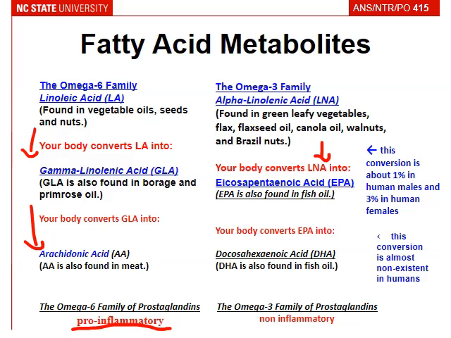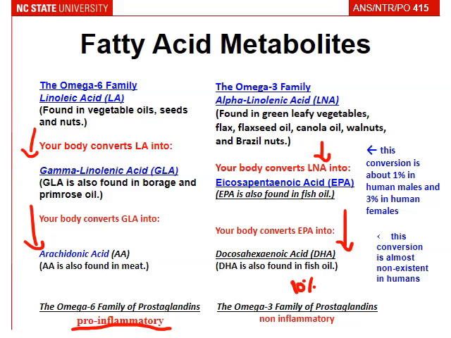And then we have going from our EPA to our DHA, and this conversion is almost non-existent in humans. It can range from about 0.1 to about 6%, depending on the individual and the life stage. If you happen to be a pregnant female, especially in your third trimester, this can go up to about 10%, I believe.